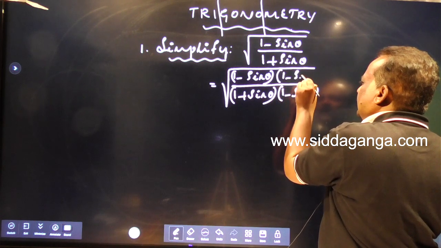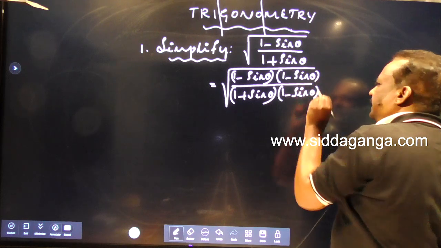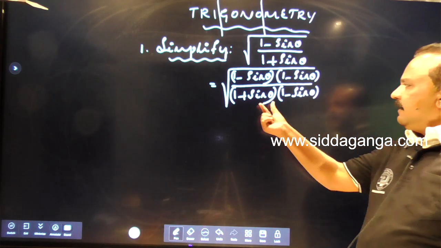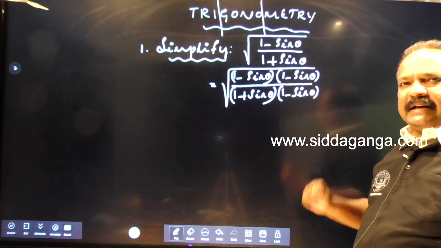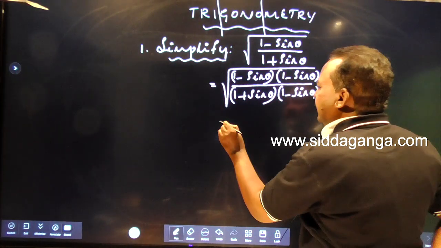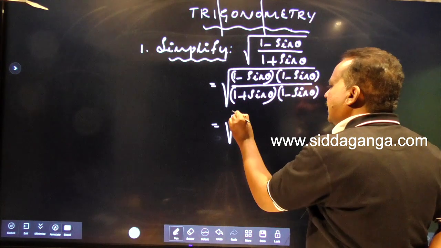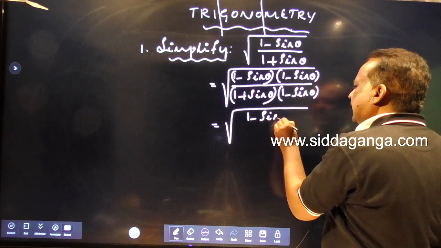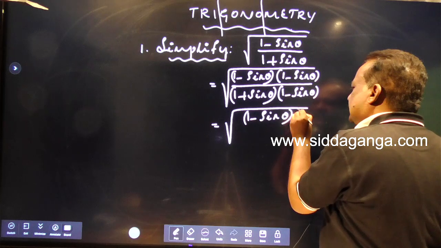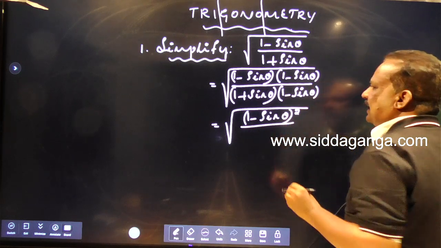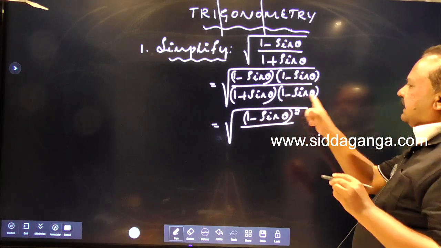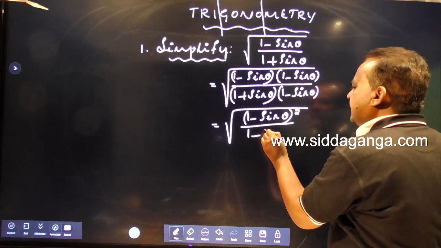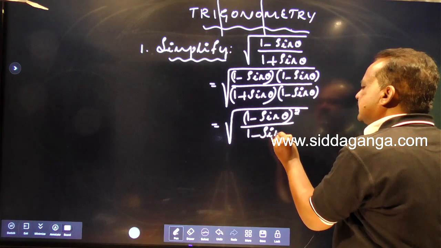Similarly, this is also 1 minus sin theta. Both have to be multiplied. Here if it is 1 plus sin theta, multiply by 1 minus sin theta. Next, square root of 1 minus sin theta into 1 minus sin theta is 1 minus sin theta whole square. Divide by 1 plus sin theta into 1 minus sin theta is 1 minus sin square theta.